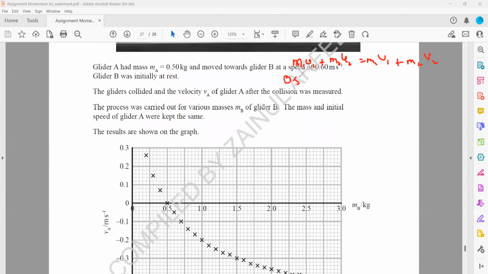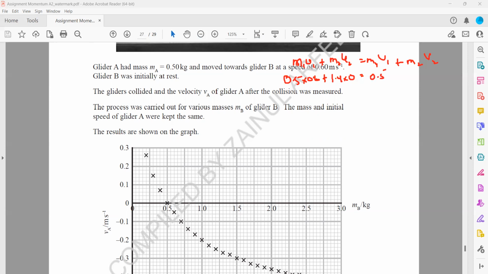So this is 0.5 into 0.6 plus the mass of the second one. Sorry, the mass is 1.4, because the question asks to calculate the speed when the mass is 1.4, but its initial speed is 0. That equals m1 v1 plus m2 v2.